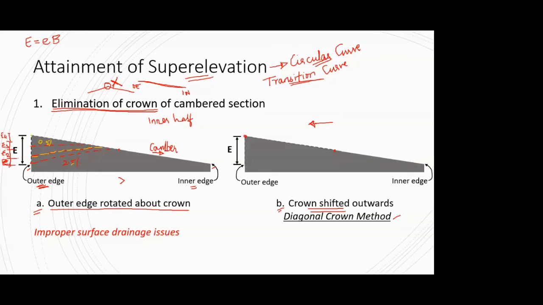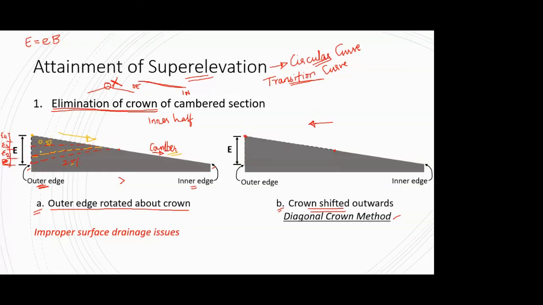And the moment you provide complete superelevation over here, the slope that I am drawing with this yellow arrow will be equal to your camber, because I told you that slope will match the slope of the inner half of your pavement, and the inner half of the pavement has a slope equal to this camber value. So the outer half also will have a slope equal to the camber value.